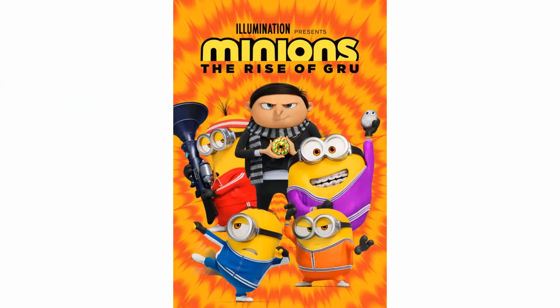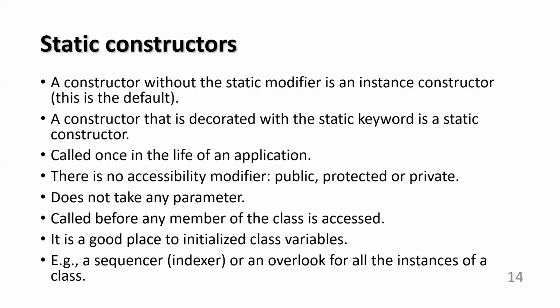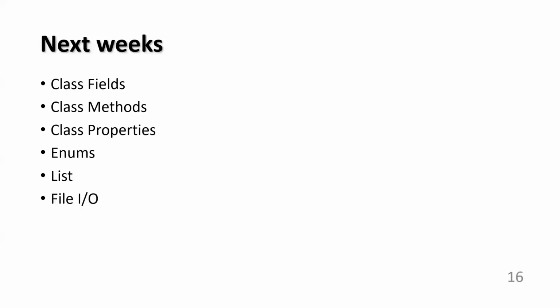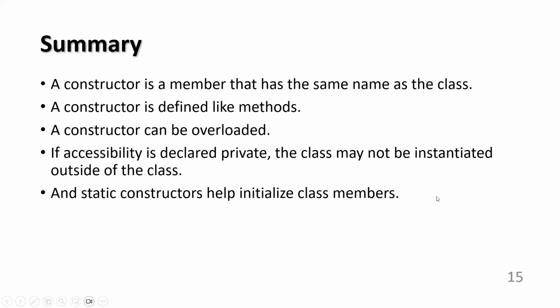Can you hear me? Everyone? So look at this one. Technically, when we get there, the summary says the constructor is a member that has the same name as the class, and it is defined like methods, which can be overloaded.